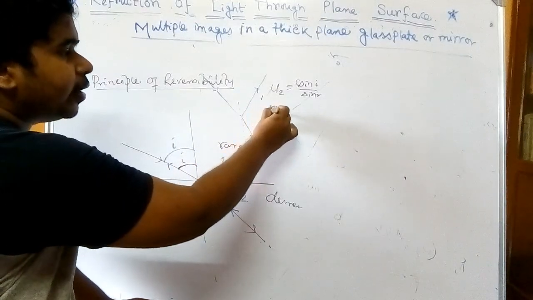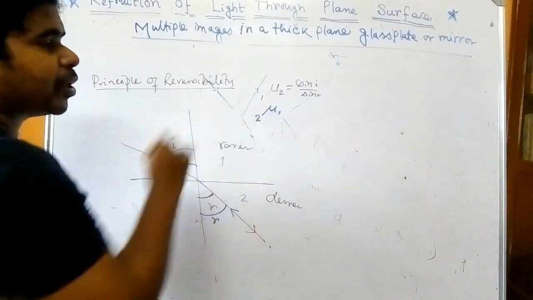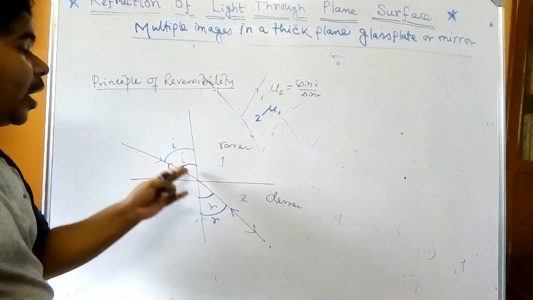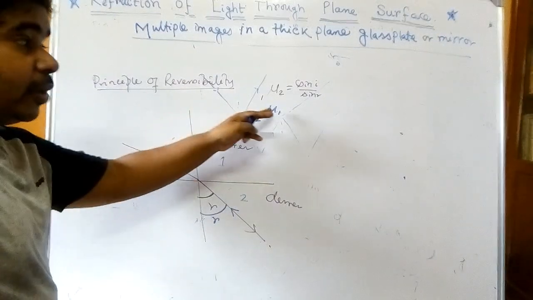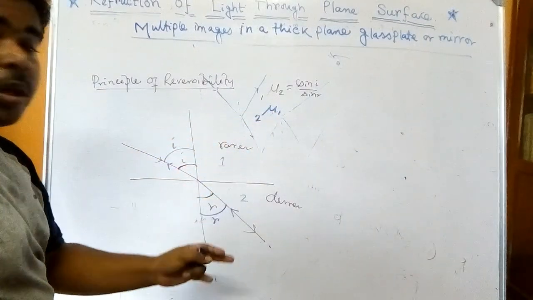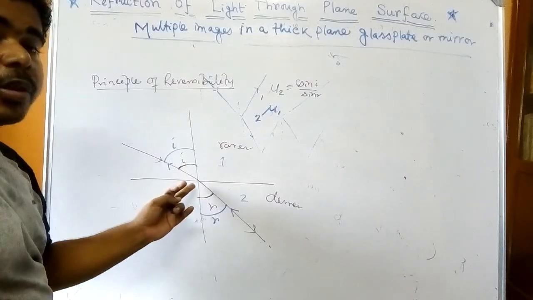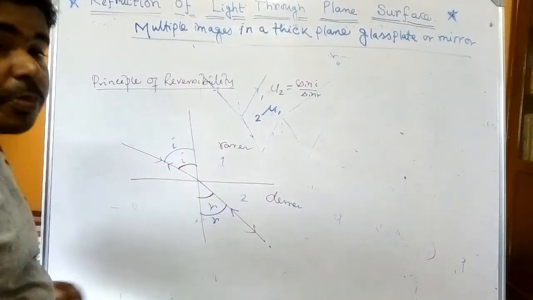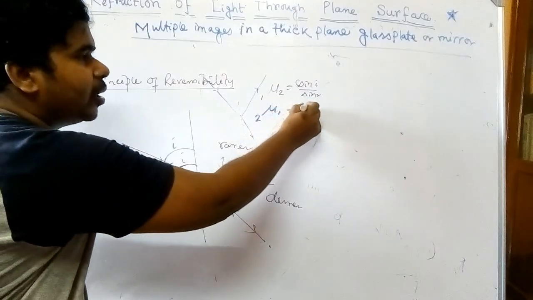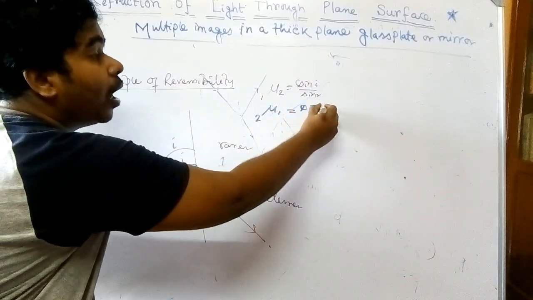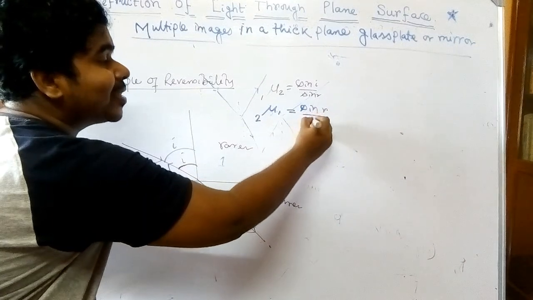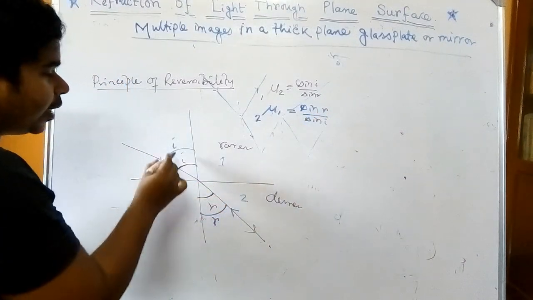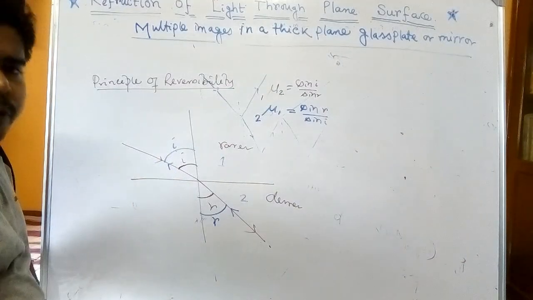So the refractive index of medium 1 with respect to 2. Why? Because then the light ray comes from medium 2 and goes to 1. So the refractive index will be 1 with respect to 2, because from whichever medium the light ray comes, we have to take the refractive index with respect to that medium. So here it will be sine R by sine I, because you see here R is the incident angle and I is the refracting angle.